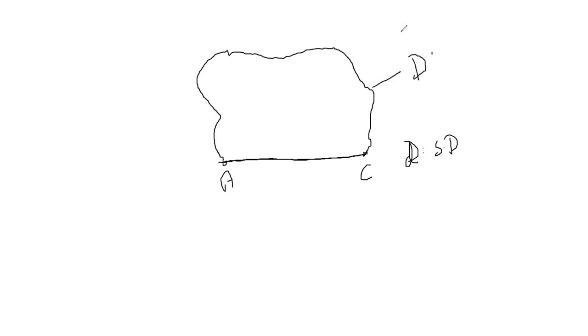Displacement means the shortest distance that has been covered. But in case of distance, you can move like this and reach point C. So this is nothing but your distance. Hope you have got the point regarding the distance.